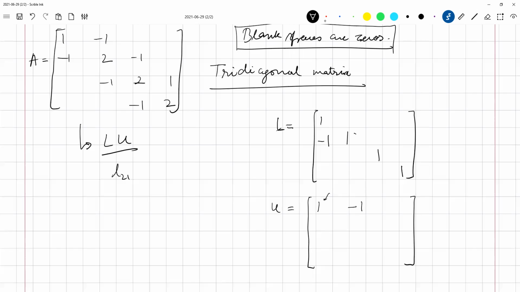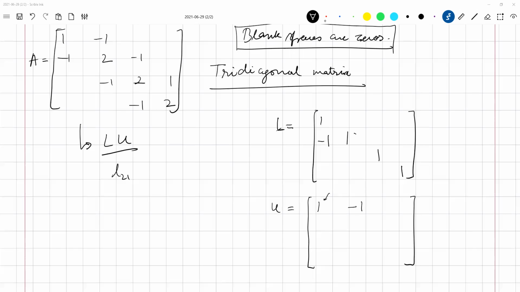So if I multiply by -1 and subtract, this goes to 0. If I multiply by -1 and subtract from this, what do I get? I get a +1. So 2 minus 1 is what? 1.